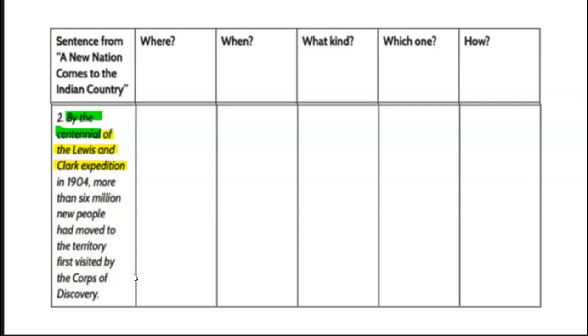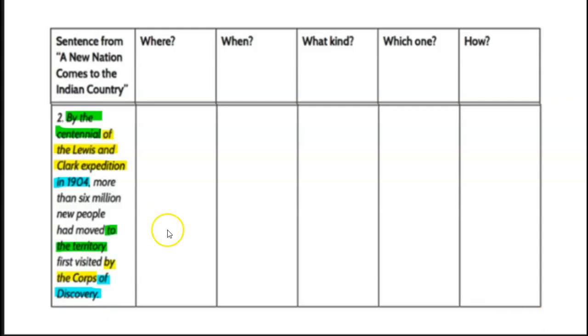Of the Lewis and Clark expedition is a prepositional phrase. In 1904 is a prepositional phrase. To the territory, by the Corps of Discovery. Look at all of these prepositional phrases.